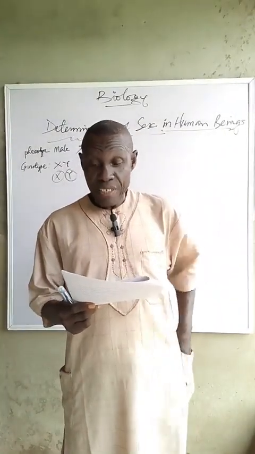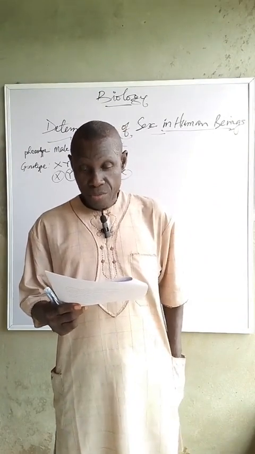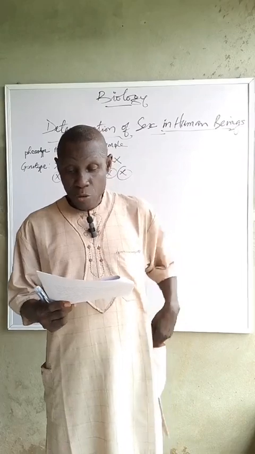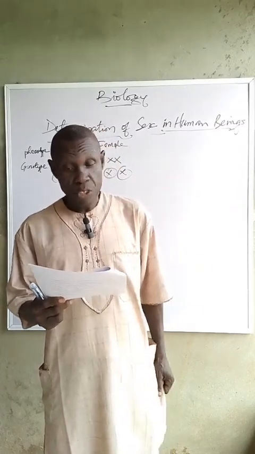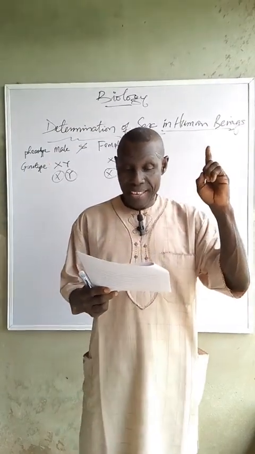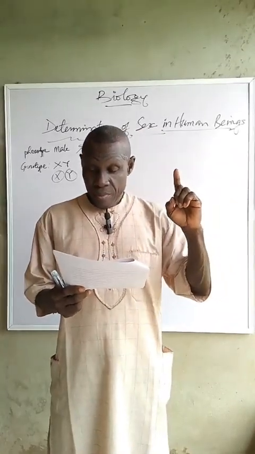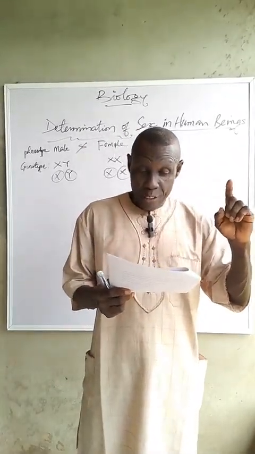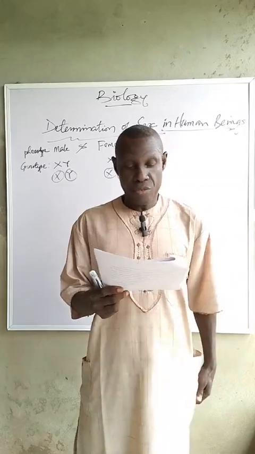Out of these 23 pairs, 22 pairs are called autosomes and have no direct effect on the sex determination of the individual. Only one pair is directly concerned with sex determination. This one pair, that is the two chromosomes, is referred to as the sex chromosomes.